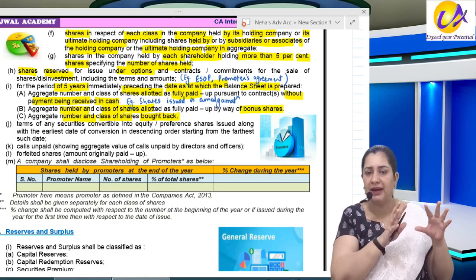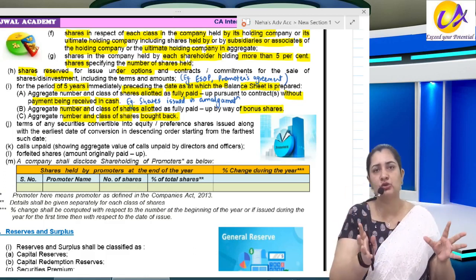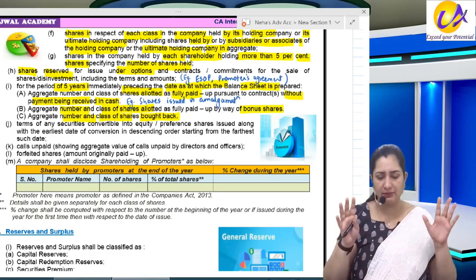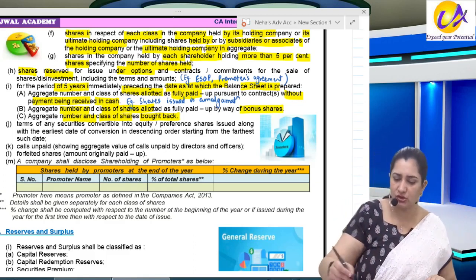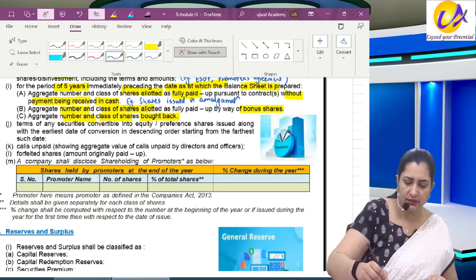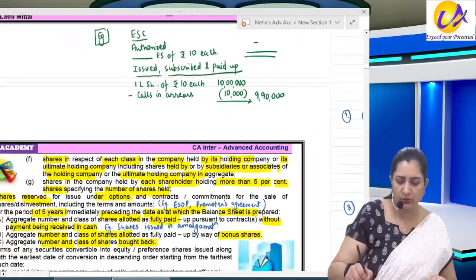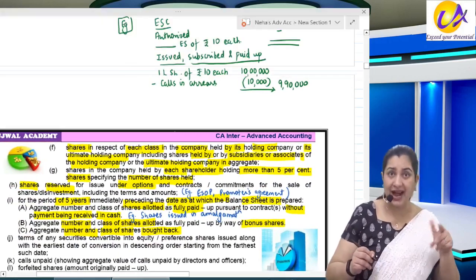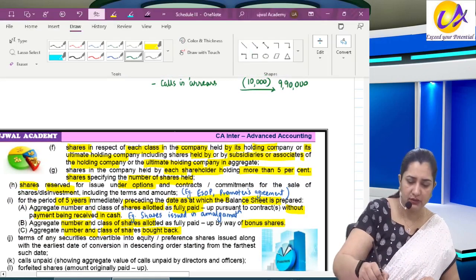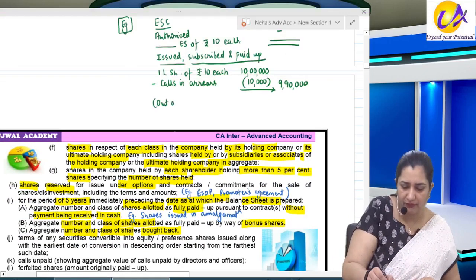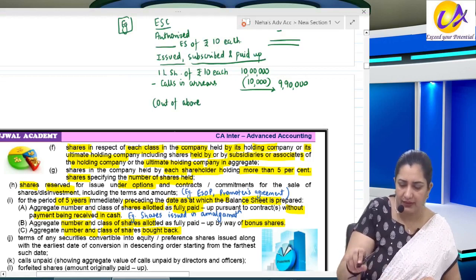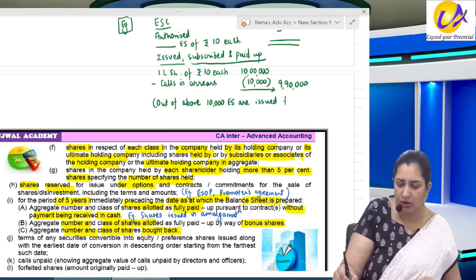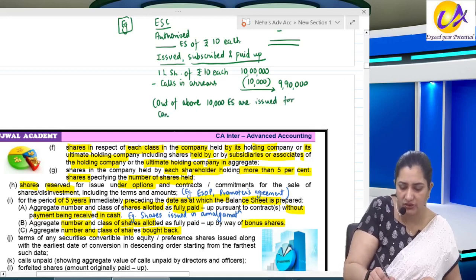What we need to disclose? Out of this, we have issued so many shares without consideration being received in cash. When I was showing you this note, for point number I, you will write: out of the above, let's say 10,000 shares are issued for consideration other than cash.